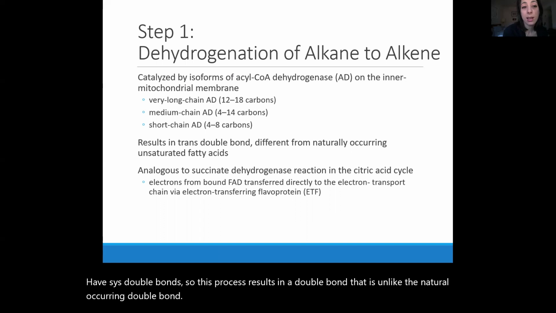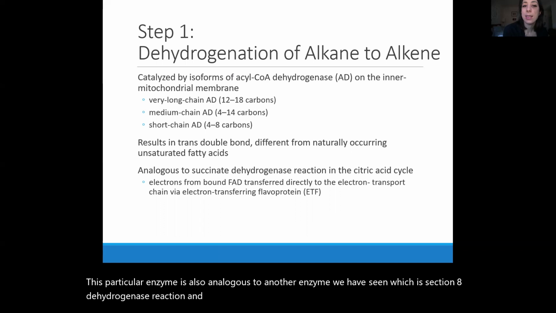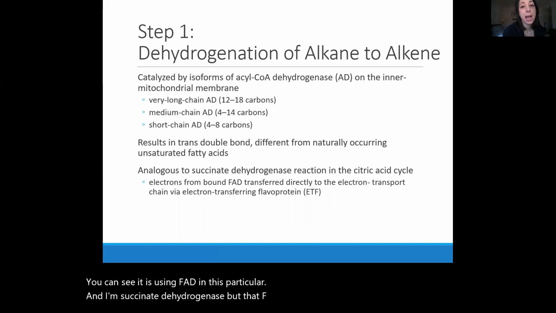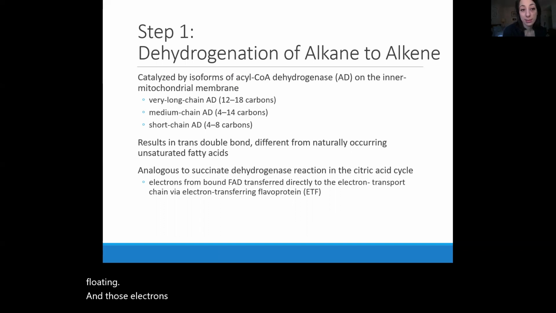This particular enzyme is also analogous to another enzyme we have seen, the succinate dehydrogenase reaction, which occurs in the citric acid cycle. You can see it is using FAD in succinate dehydrogenase, but that FAD is actually bound to the enzyme. It is not free floating. And those electrons can be directly tunneled to the electron transport chain.